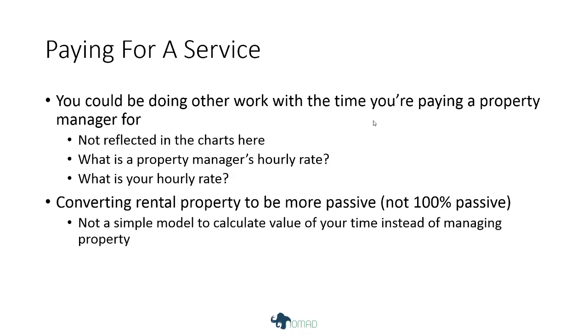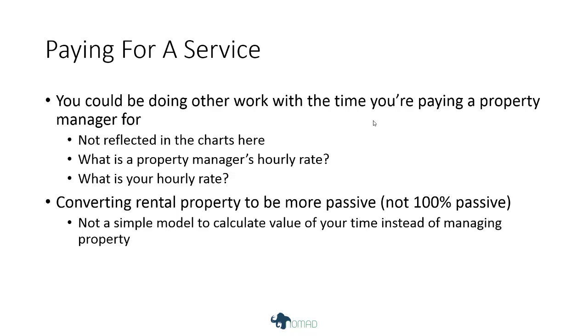Okay? So if you think about what the property manager's hourly rate is, and then if you think about what your hourly rate is, there's an old saying in business, and that is, if you don't have an assistant and you're doing the work that an assistant would do, you are voluntarily accepting that assistant's rates for the work that you're doing.